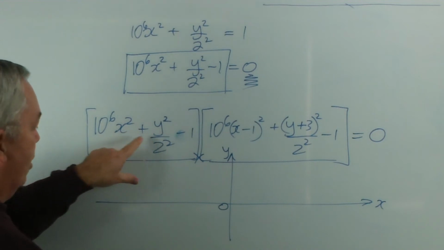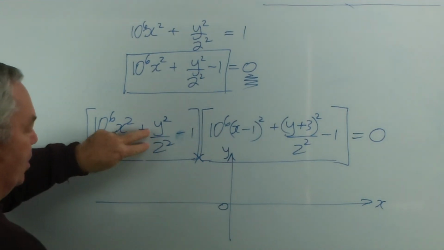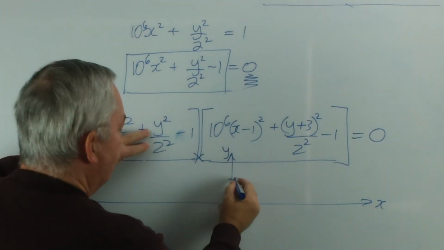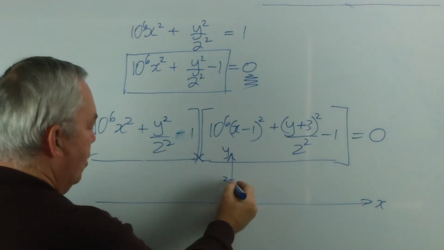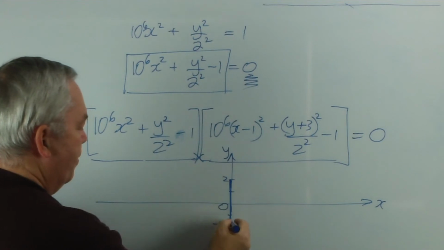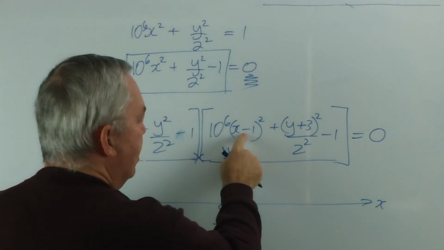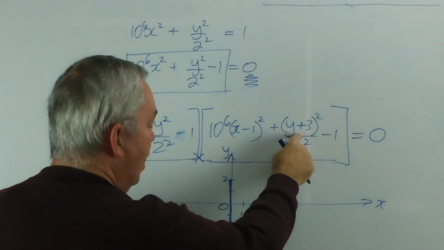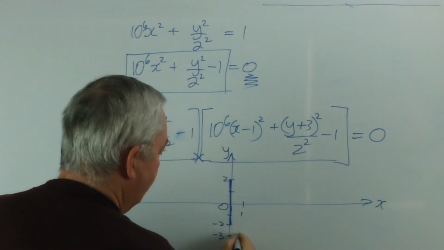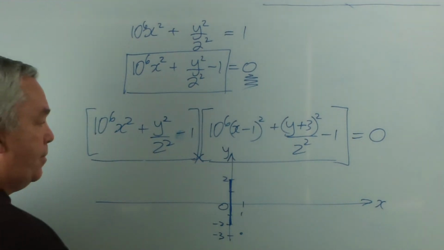This one is at the origin. It goes from +2 to -2, and it's 1,000th wide. There it is. This one is at x equals +1 and y equals -3. There's the centre.